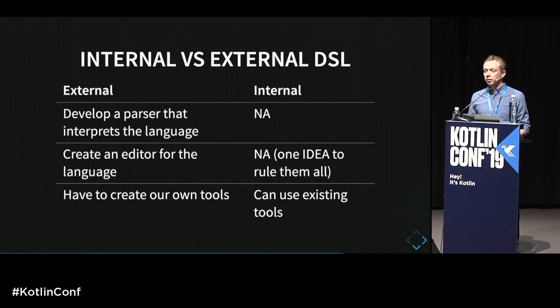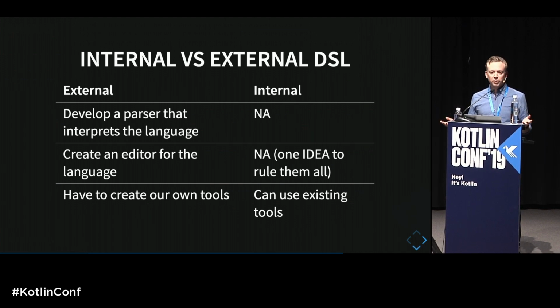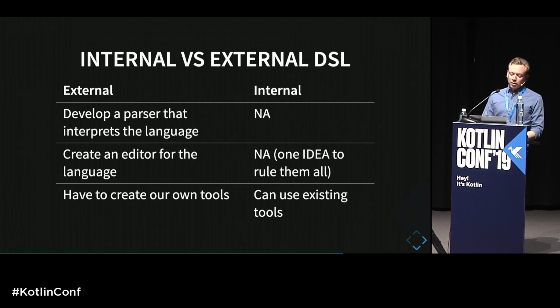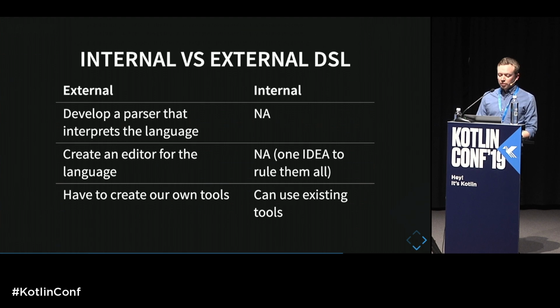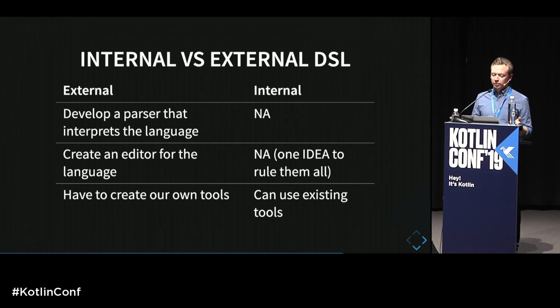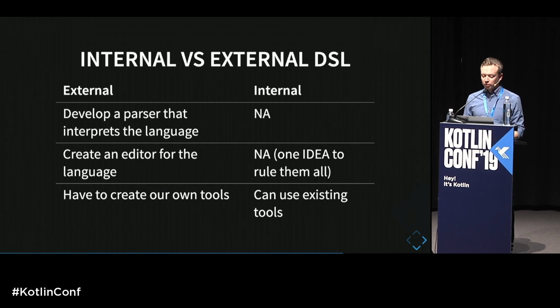If you're using internal, you can just use the tools that the language already has, where IntelliJ perhaps is a good choice for Kotlin. With external, you would have to create your own tools, and with internal, you can use existing tools. So we chose to go the internal DSL route, of course, and we chose to use Kotlin.